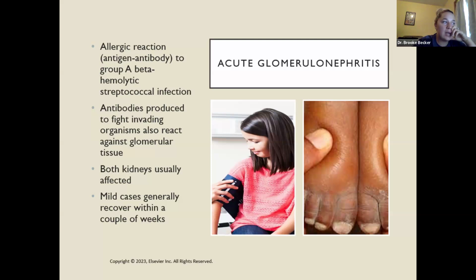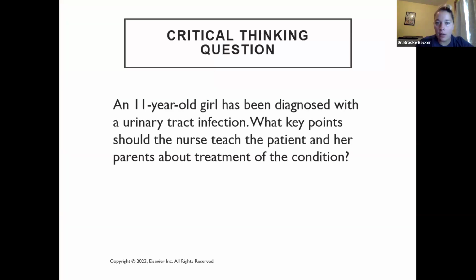And then what you see is both of the kidneys are affected. These kids are going to have really significant swelling all over, but mostly in their extremities. And they're going to have really high blood pressures. And that's all from an antibody antigen reaction with the group A strep and not completing their antibiotics. Okay.